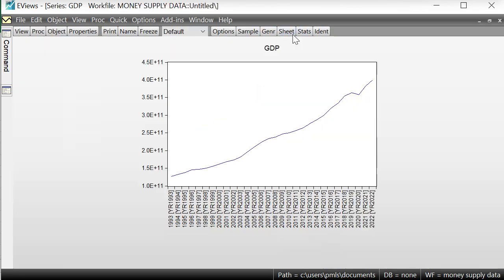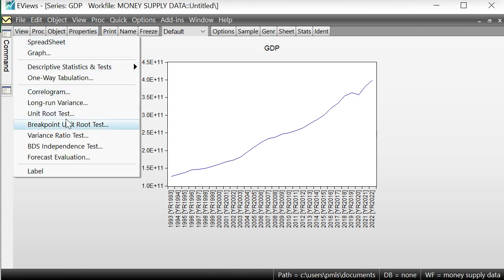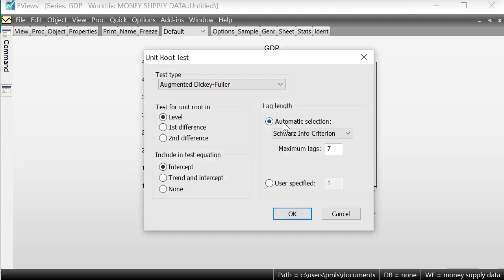So how can you convert this non-stationary series into a stationary series? Basically we apply the unit root test. For the unit root test, we go to the view, and there is the unit root test.